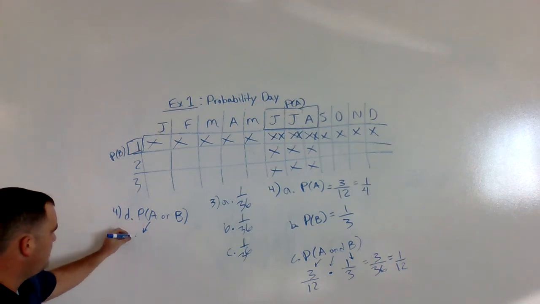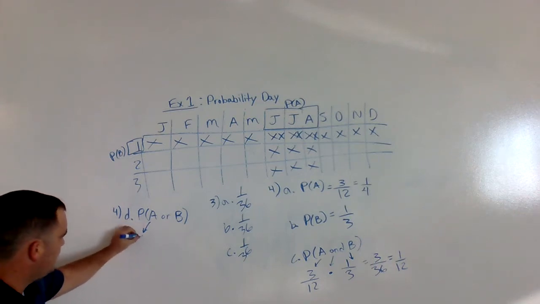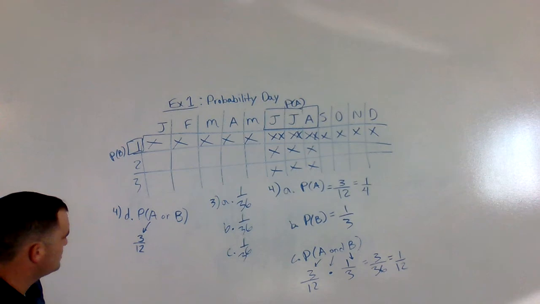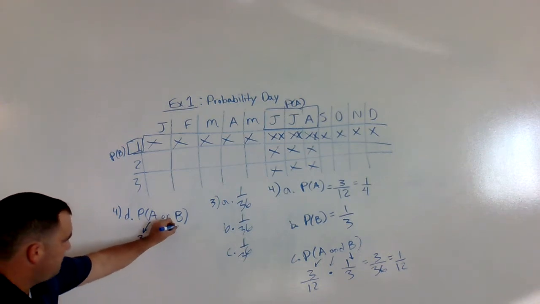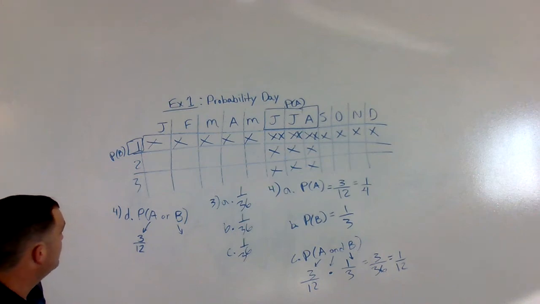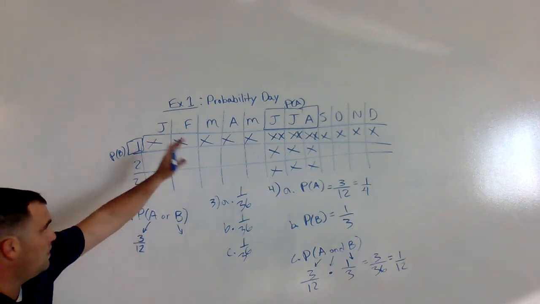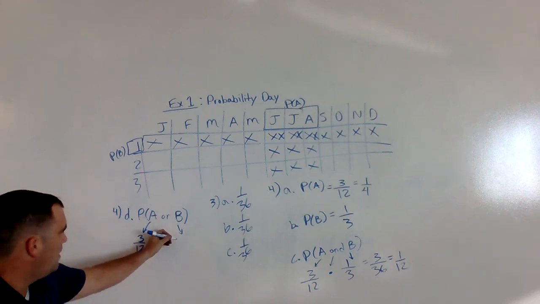I'll just put 3/12, it reduces to that. And the probability of B happening would be, once again, 12 out of 36 or 1/3.